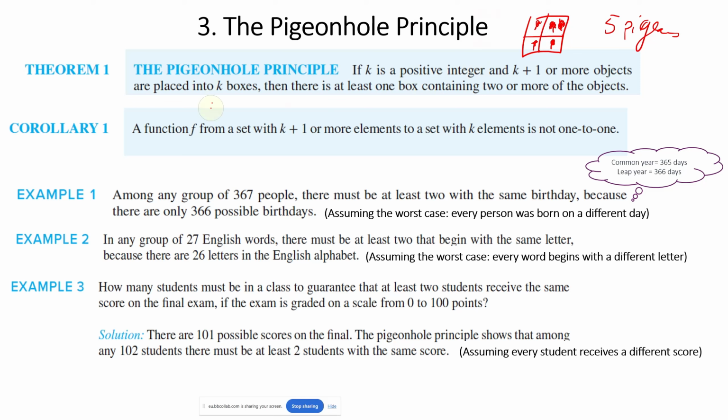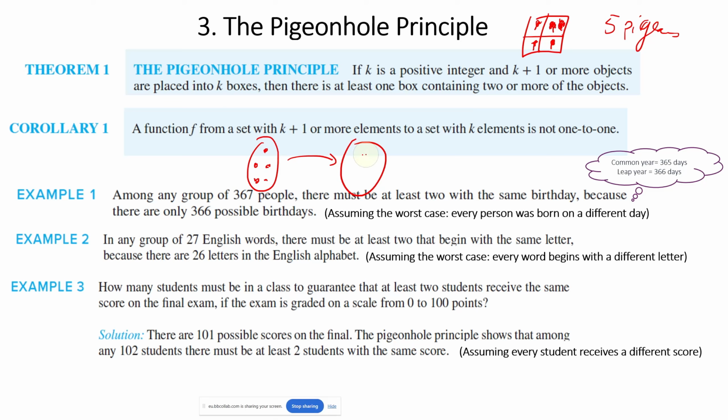So what it means then, if I have a function from a set that has k plus 1 elements, a function here from a set that has these 5 birds, going into a set that has 4 boxes. Let me just put the boxes like this. Okay, let me just remove those dots to avoid any confusion.